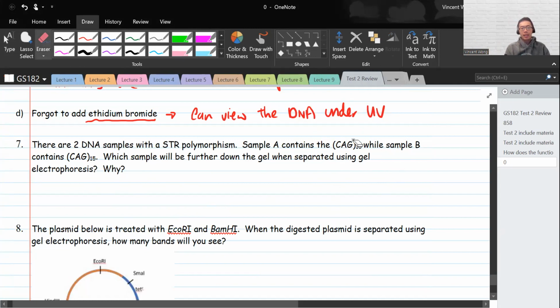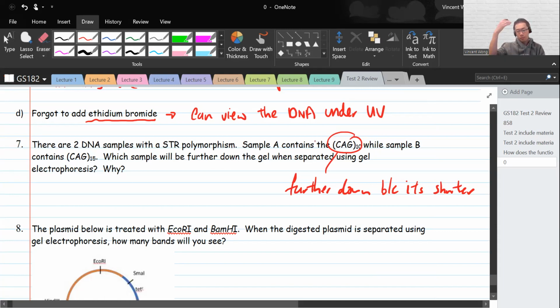We did this already in class, actually. So this one will be further down. Why? Because it's shorter. This is going to be 30 nucleotides, while this is 45. The shorter it is, the further it will run down the gel.